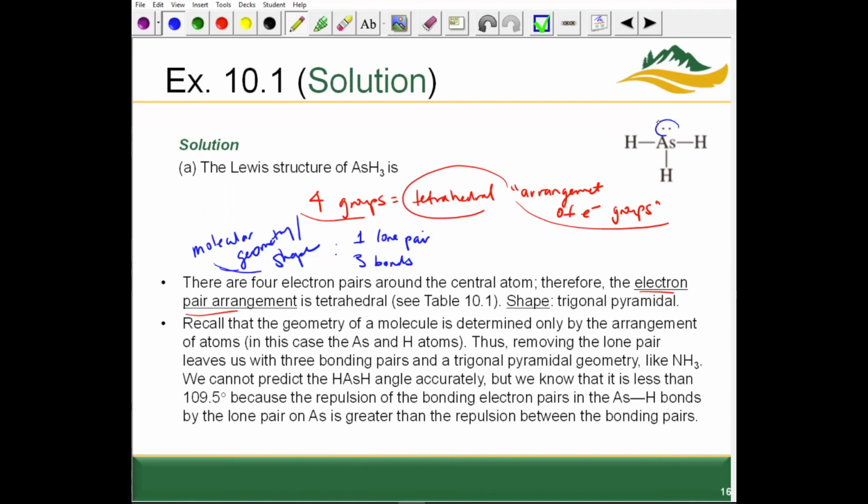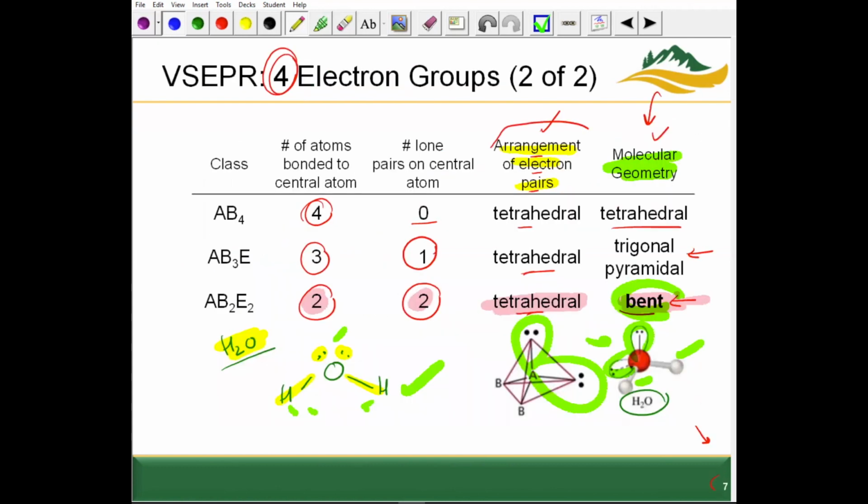Here we have 1 lone pair and then 3 bonds from the central atom. So under this category of 4 electron groups and tetrahedral arrangement of electron pairs, we have 3 bonds and 1 lone pair. So now its molecular geometry or shape is trigonal pyramidal.